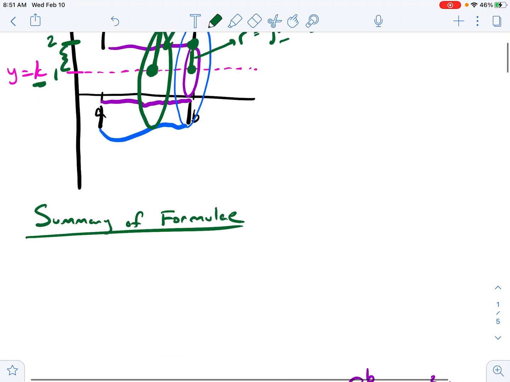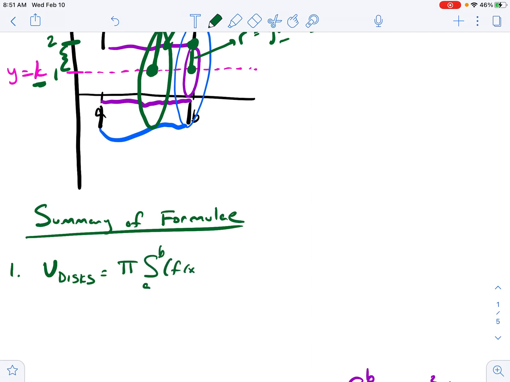Summary of our formulae. All right, so the volume of disks around the x-axis: pi integral a to b, take your function, square it, dx. This is about the x-axis.